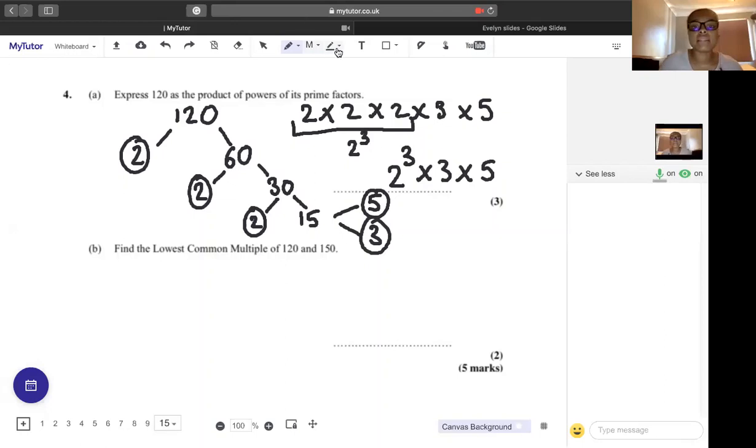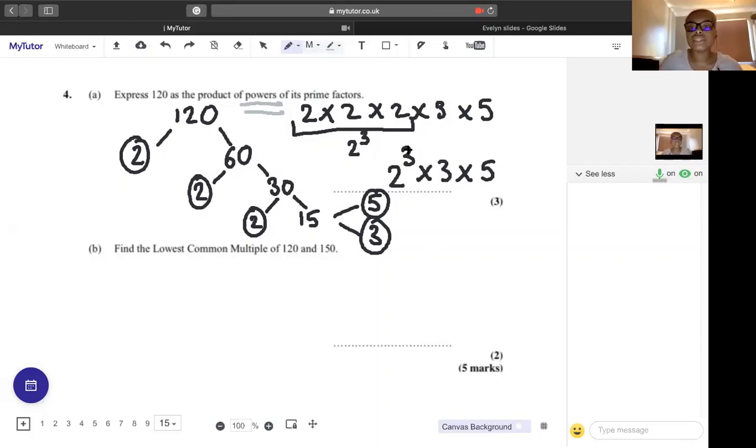Now, one thing that I'd like to particularly point out with this question is that it says product of powers. So all the previous questions, we've been writing it this way anyways, which is a good thing, because I would suggest you to do it like this all the time. But for some questions, they might particularly point out that you have to write your numbers as powers.